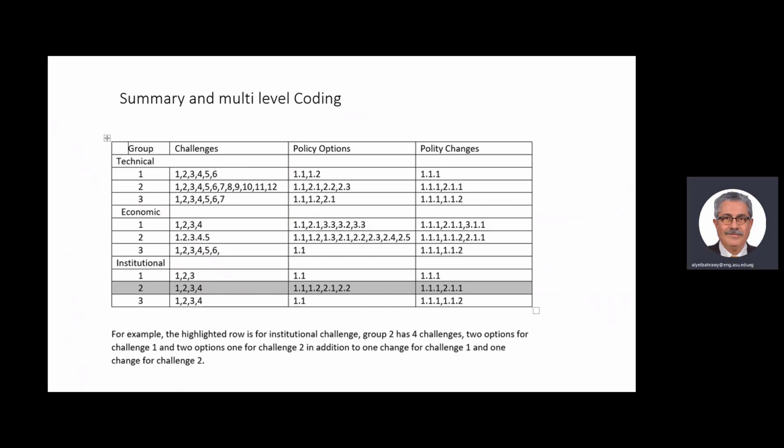To give an example, the shaded row here shows it is for the institutional challenge. Group 2 has 4 challenges and 2 options for challenge 1 and 2 options for challenge 2, which are 1112 and 2122, in addition to one change for challenge 1, which is 111, and one change for challenge 2, which is 211.